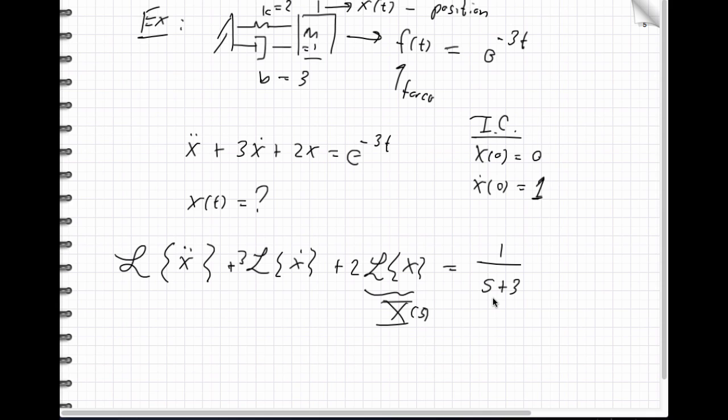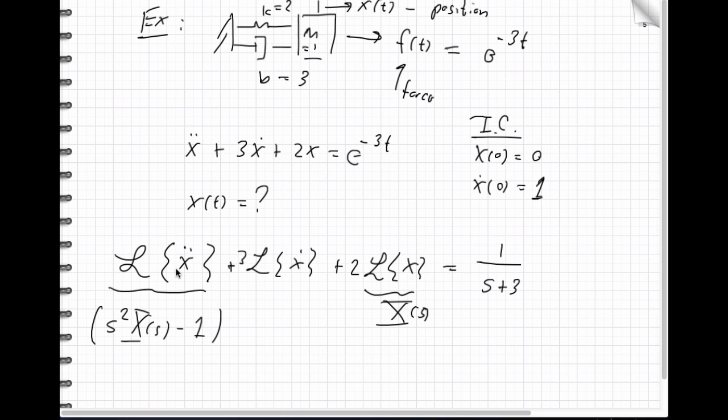All right. Now let's clean this up. If we go back to our differentiation properties, you'll notice that this is actually equal to s squared times x of s, and then minus s times the initial position, but that's 0, and then minus the derivative, so it's minus 1.